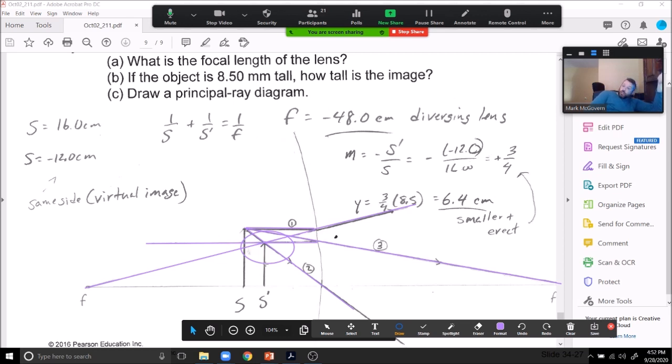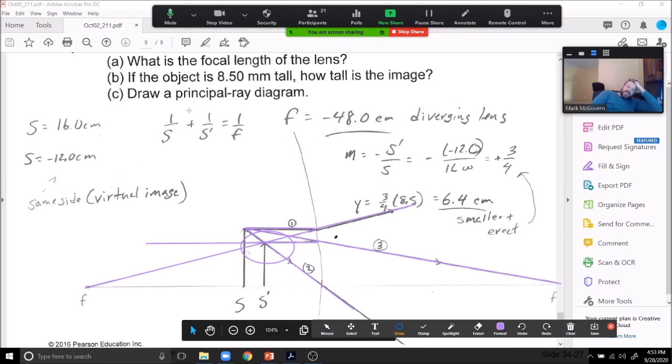It's a little shorter. Apparently it's 75% of the height, which does work out with our ray tracer here. That's nice to know. And then, of course, if it's 3/4 the height, which is 3/4 times 8.5, that's going to be 6.4. It's a smaller object, for sure.